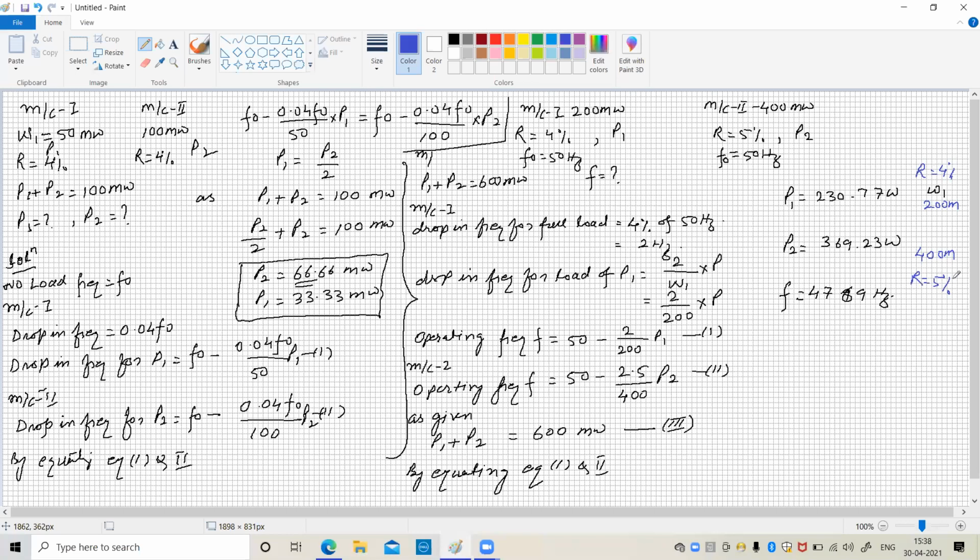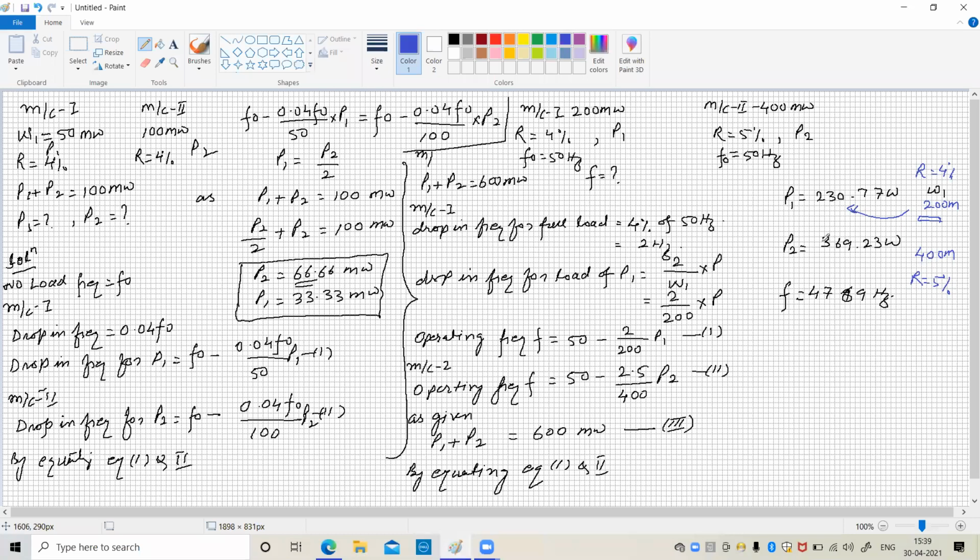So when the drooping characteristic is different, the load shared by the two alternators differs as per their capacity. It means the generator of 200 megawatt, whose rated capacity is 200 megawatt, is sharing more than its capacity. The power shared by the first alternator is 230 megawatt, whereas the second machine, whose capacity is 400 megawatt, is sharing less than its capacity.